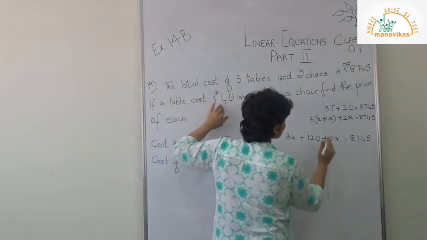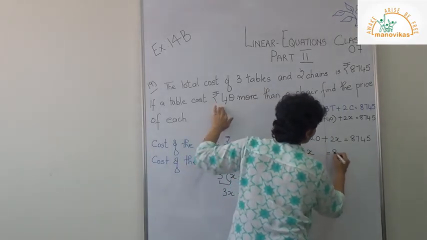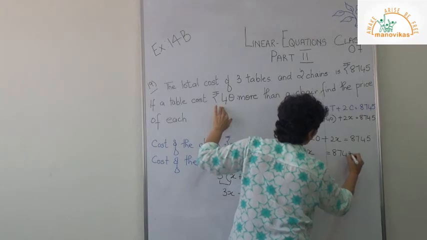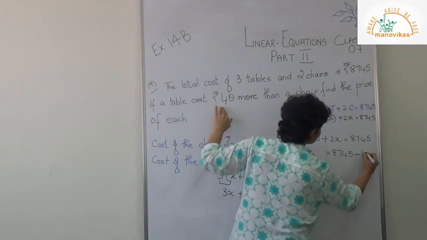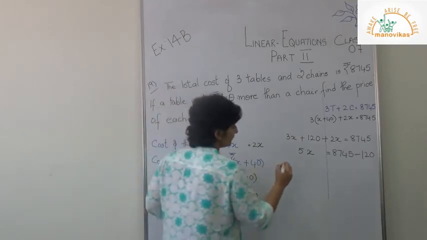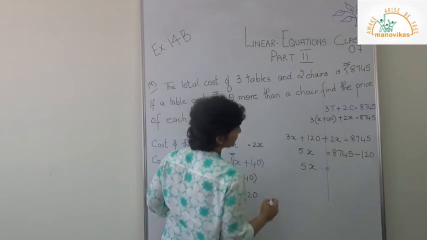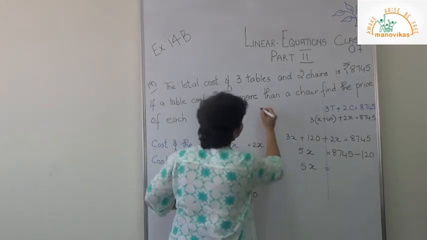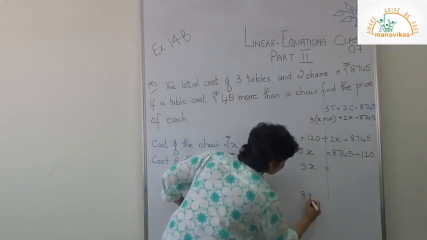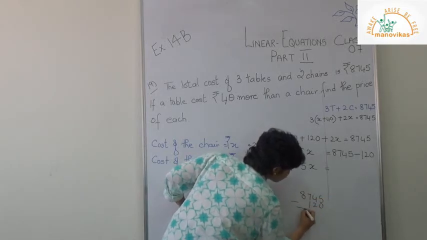Now 3X plus 2X is equal to 5X, which is equal to 8745 minus 120. Clear? So 5X is equal to, let's solve this, 8745 minus 120.